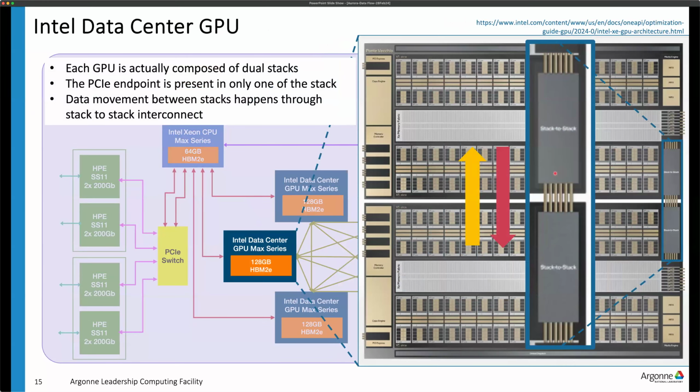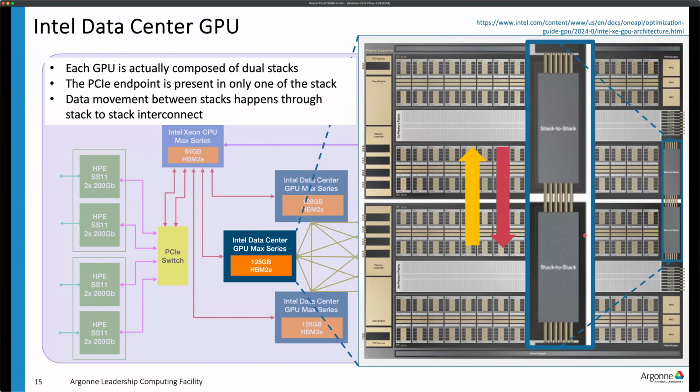Okay, so the first nuance of the GPUs that the users need to be aware of, as I mentioned, is this is a dual stack or two different die architecture, right? So if you have to move data between one stack and the next stack, you need to go through a specific stack to stack interconnect.